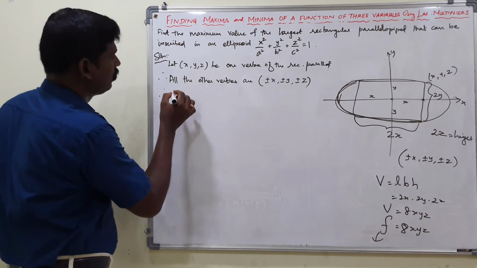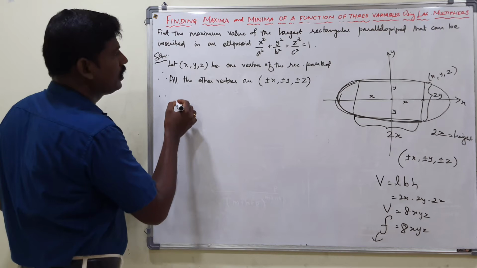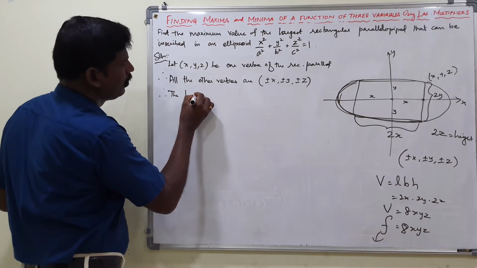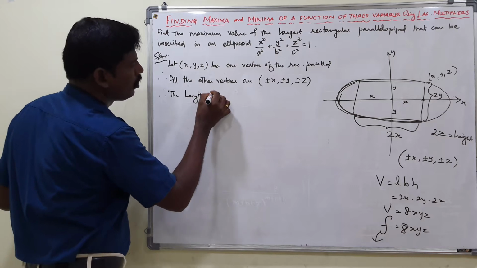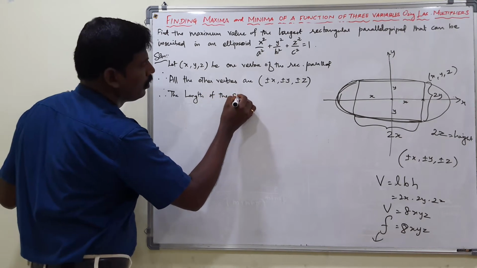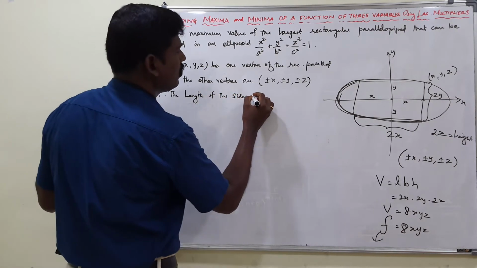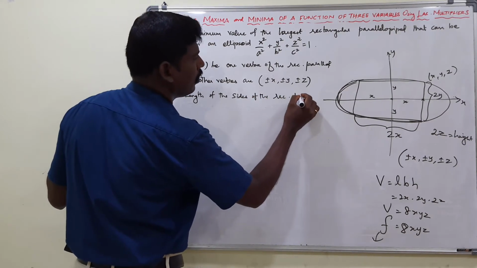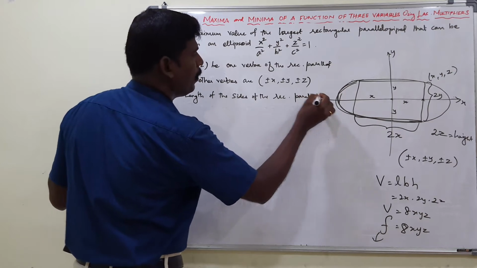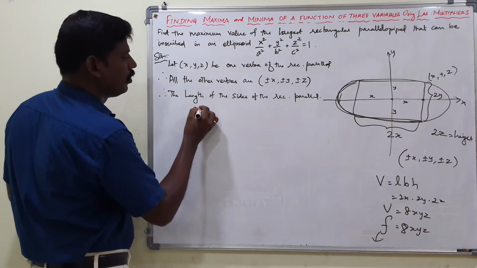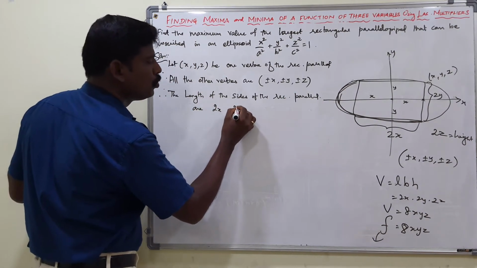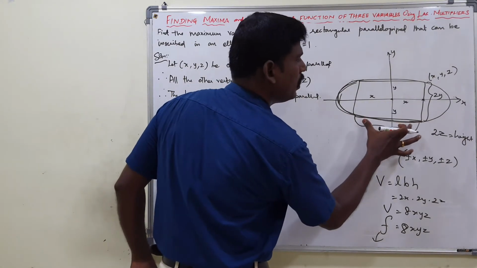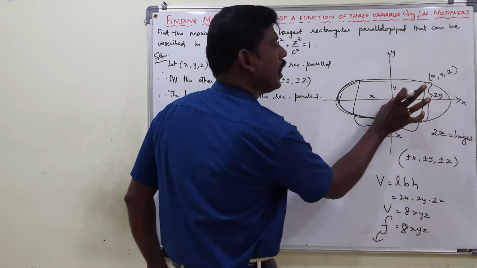Therefore, the lengths of the sides of the rectangular parallelepiped are 2x, 2y, 2z, isn't it? So the length is 2x, breadth is 2y, and height is 2z.